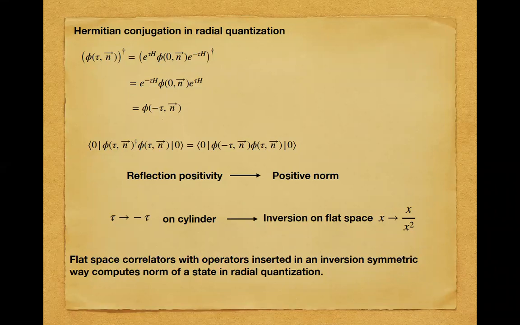No, we are not actually quantizing our theory on a time-like or on a space-like surface. What you are saying, that at a particular instant of time on a space-like surface, we quantize the theory. You have to understand that here we are not doing that. Instead, we are quantizing our theory on a d minus one dimensional sphere.